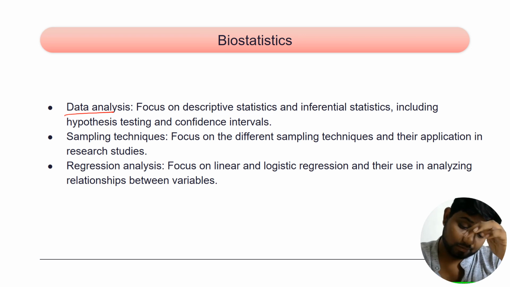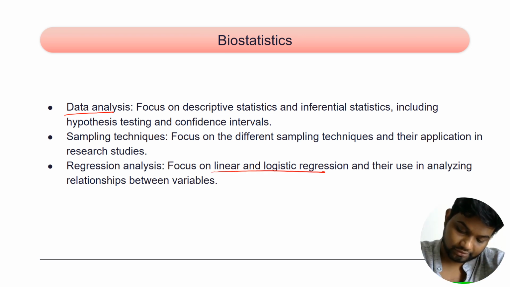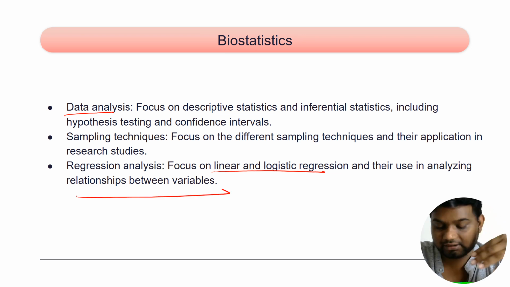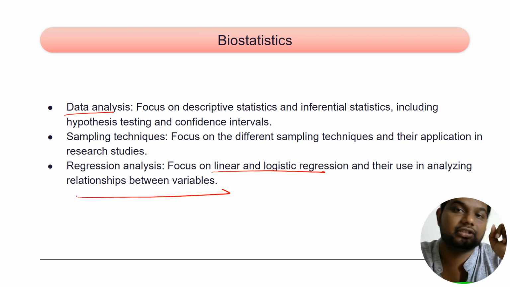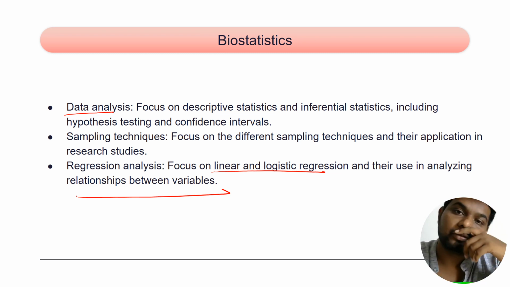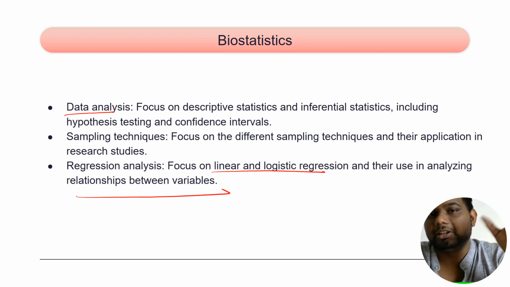And apart from that, you may have regression analysis, both linear and logistic regression, which are used in analyzing the relationship between variables. So calculation of variables and analyzing the differences between variables are the types of questions that may be asked in the FMGE. But till now, the questions in biostatistics have more or less been like this: they give you a tool and ask what type of data it is, whether qualitative or quantitative data can be obtained from the given tool.